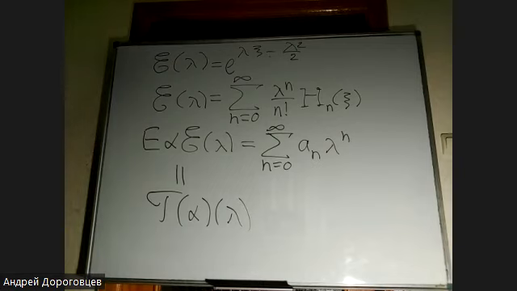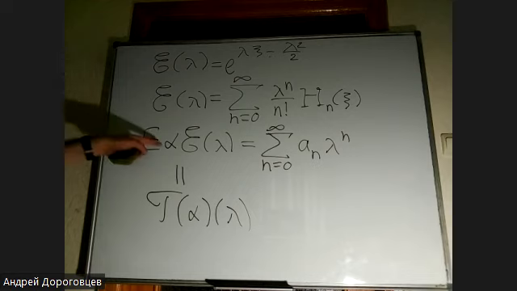Last time we wrote these names. So this is the Fourier-Wiener transform of our random variable alpha.